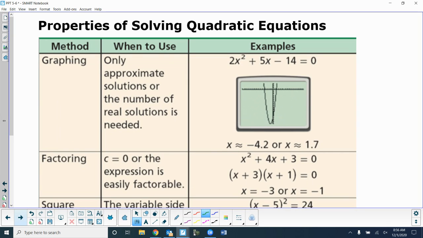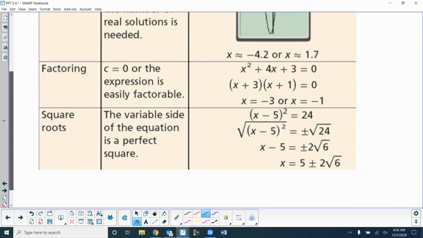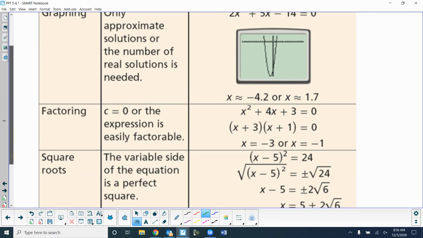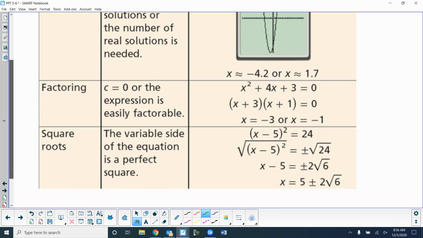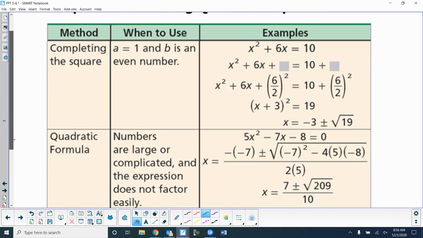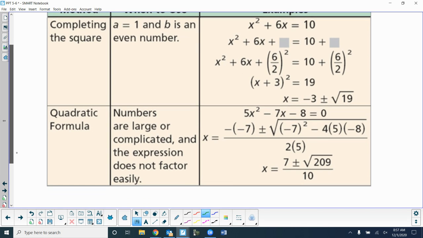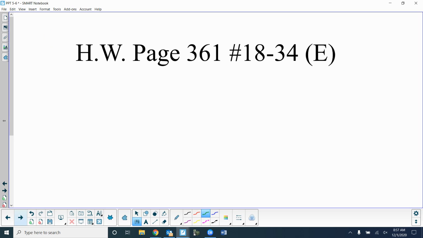There's all the different ways that we figured out how to solve these. We used our graphing calculator. We factored what we could factor and set them equal to 0. We did square roots, took the square root of both sides. We completed the square. Remember, b over 2 squared, right? Now we're using the quadratic formula. So we just know all those different ways.